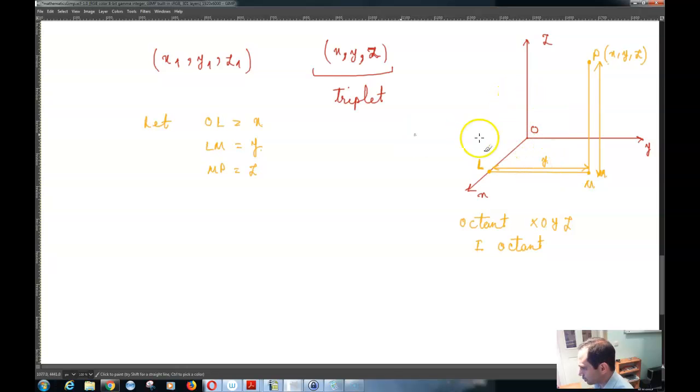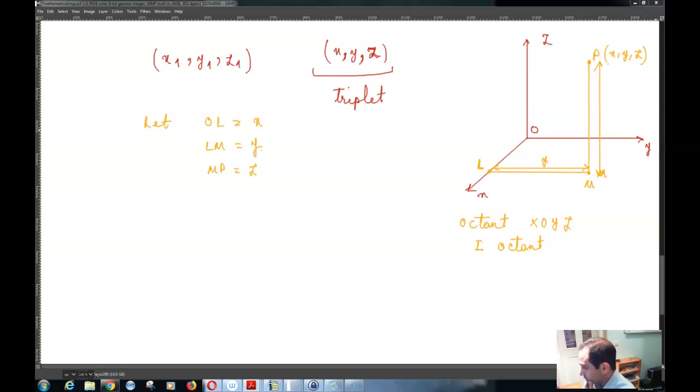Of course, if you were in any other octant, the signs might change accordingly. So for example, if you go to the octant behind this octant, the second octant, then your x would be negative. But of course we are going to have a table and we are going to write down the signs of all of these x's and y's and z's in different octants.